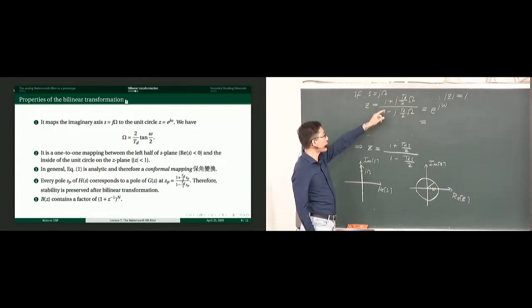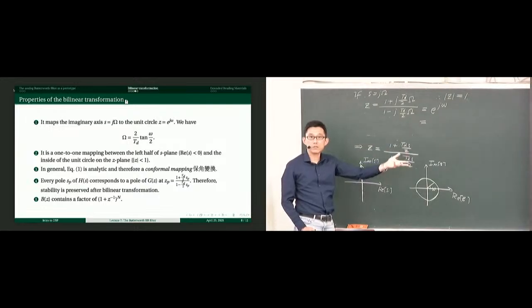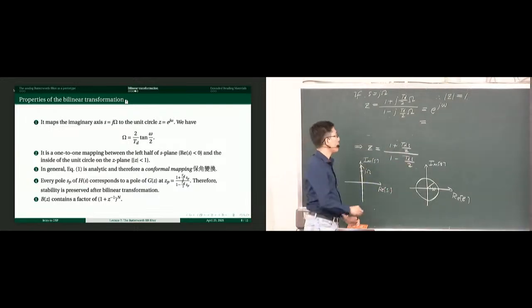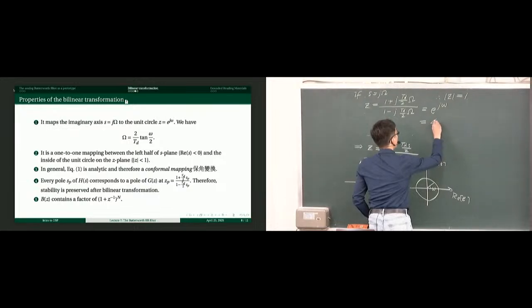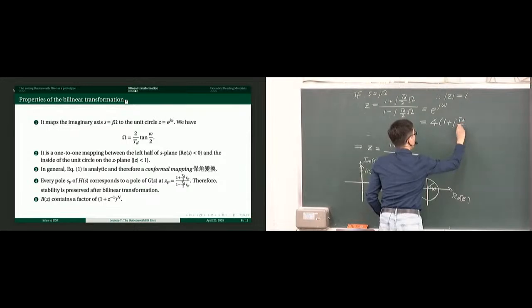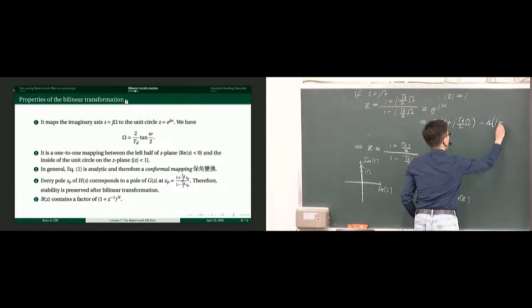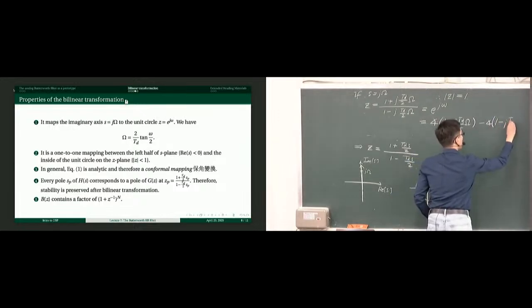Therefore, the angle of the result should be a difference: you subtract the angle of the denominator from the angle of the numerator. So this angle should be the angle of this complex number on top minus the angle of its complex conjugate.